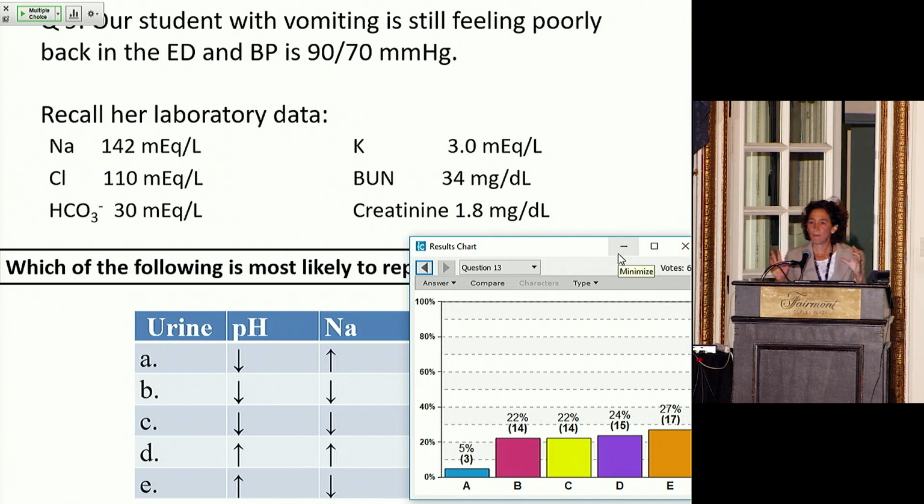Now, remember that early on, I told you that this patient would have bicarbonaturia with losses of sodium and potassium. So if you want to imagine the urine early, before volume depletion ensues, you could imagine that the urine pH would be high, because remember that you would have that higher bicarbonate.